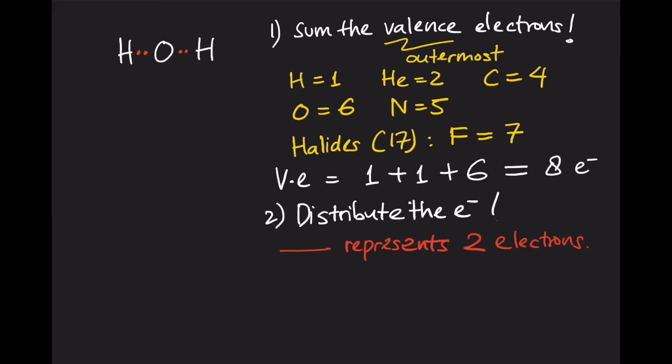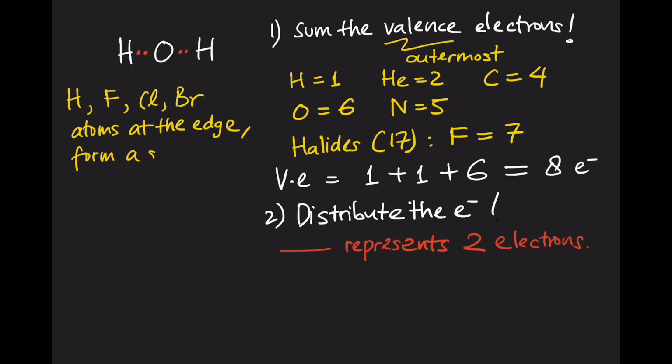It is noteworthy that atoms like hydrogen and the halogens like F, Cl, and Br are normally placed at the edge, and they can only form a single bond.